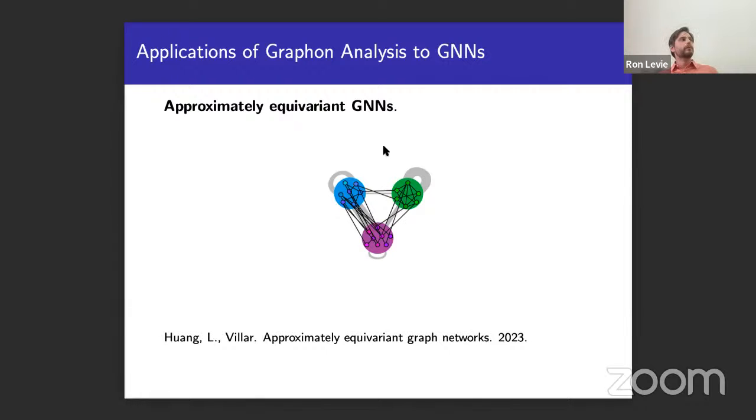Here we have the following situation. We have a fixed graph, and the data set consists of many different signals on this fixed graph. For example, think about a traffic network. The graph is fixed because it represents the map of the roads.